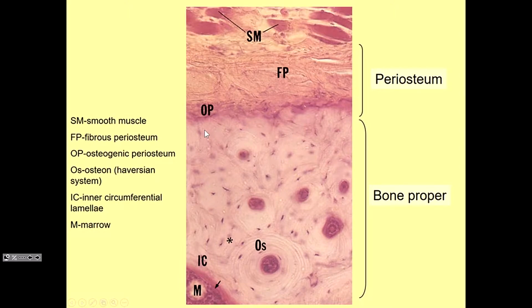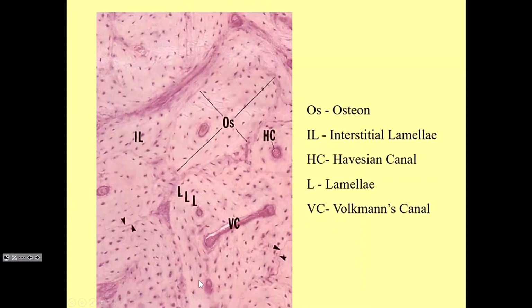Okay, so here's another view of compact bone. Here's our periosteum. Here's the osteogenic periosteum differentiating into blasts that then deposit bone. And here's our osteons, some interstitial lamellae, and a bit of marrow here. Another view, here's our osteon. You can see the canal of the osteon.